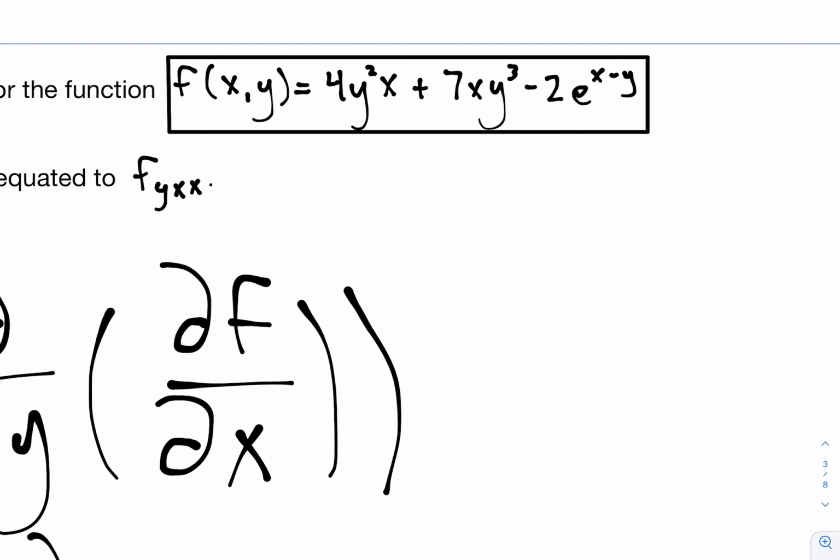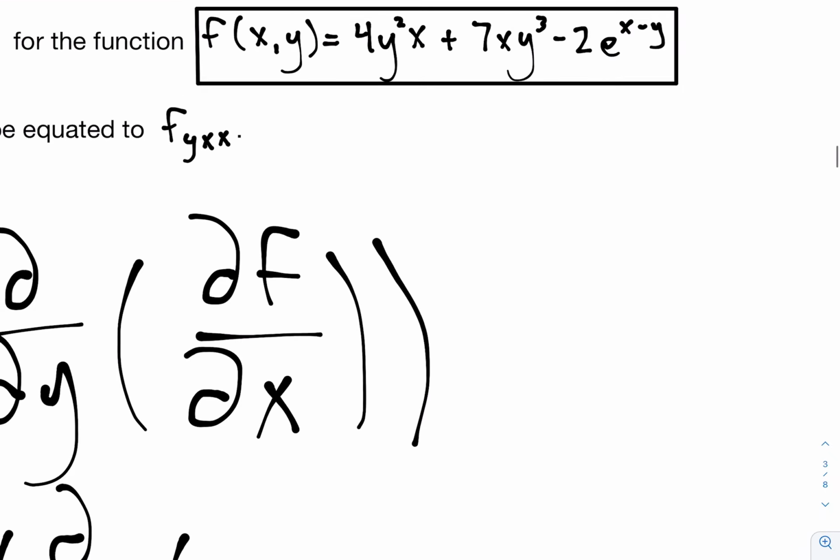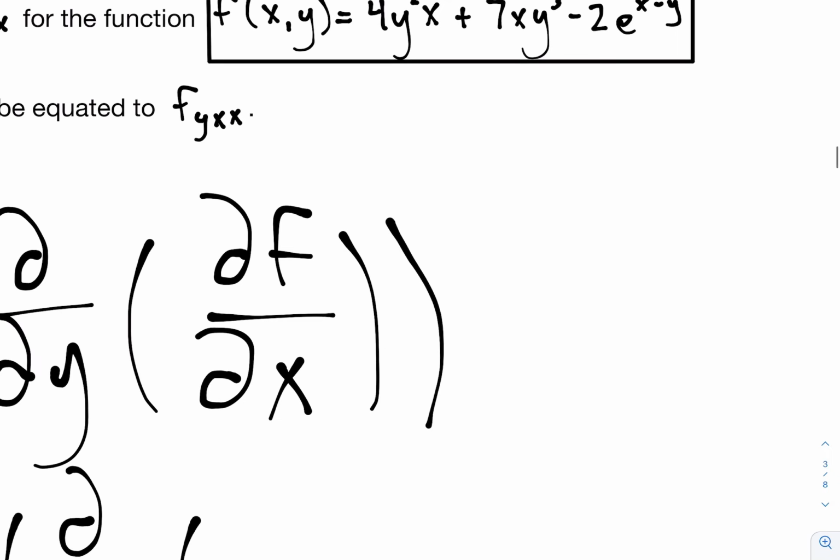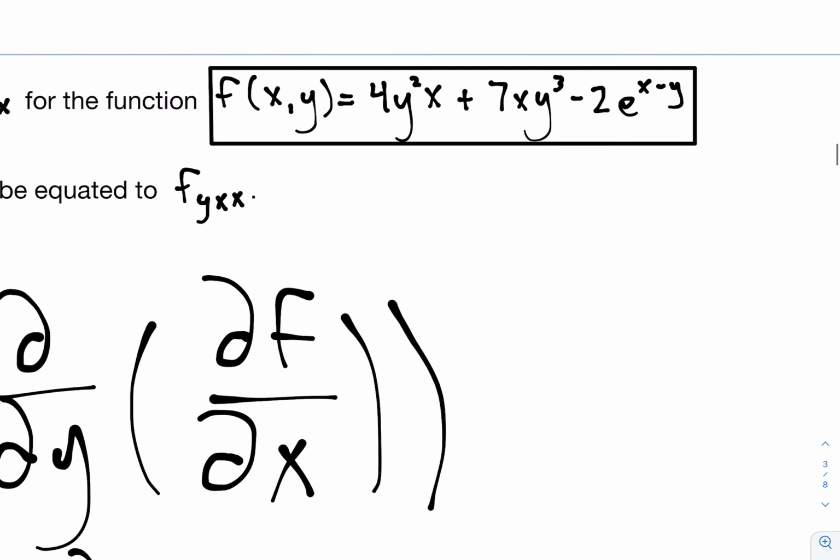For this function, it's a sum of three different expressions, so we can split it up into three different derivatives. What's the derivative of 4y squared x with respect to x? Remember, if we're differentiating with respect to x, we're leaving everything that's not an x constant. So the 4 and the y squared are constants.